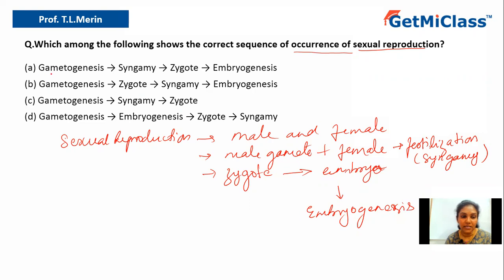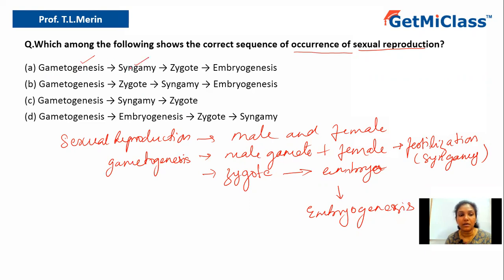Option A says gametogenesis. Yes, first what happens is formation of the gamete. I told you there is involvement of male gamete and the female gamete. So that happens by gametogenesis. Gametogenesis means production of gametes. So that is the first step, and that is correct.